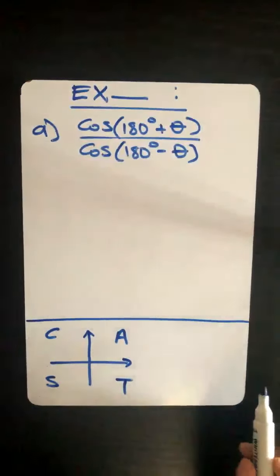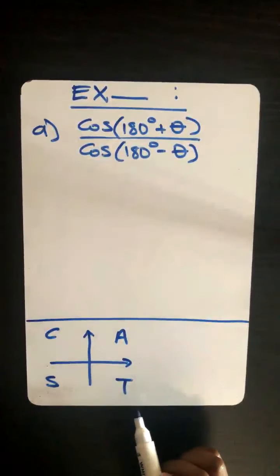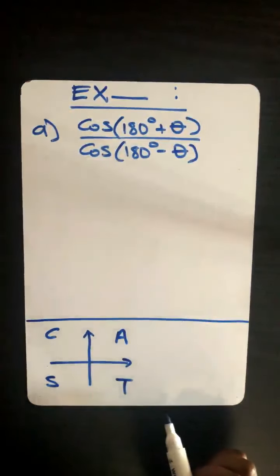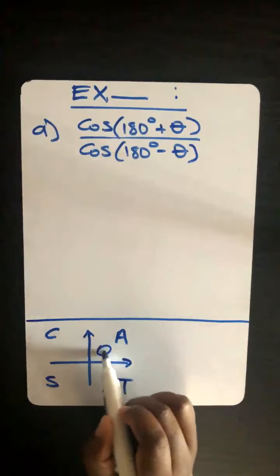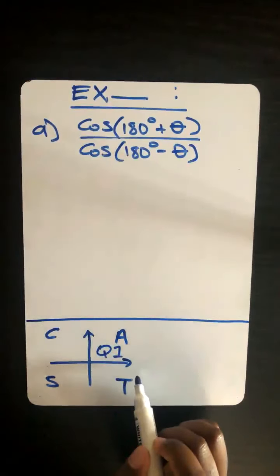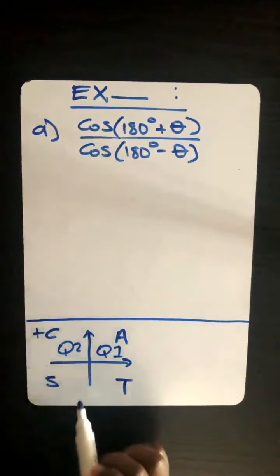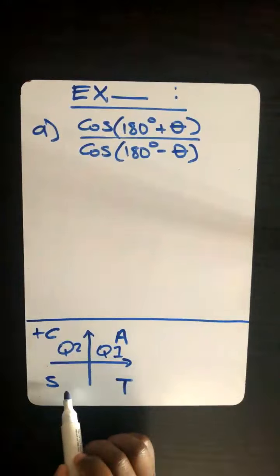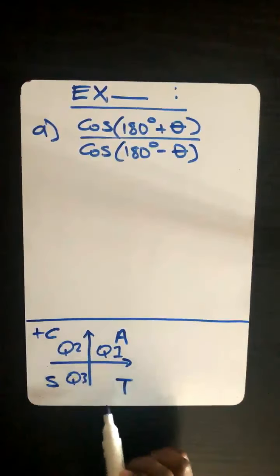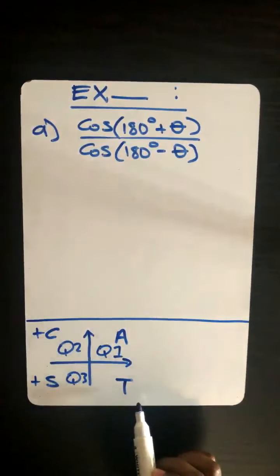So we've got a CAST diagram over there. We know in the first quadrant, Q1, all the trig ratios are positive. In Q2, it's only cos which is positive. In quadrant number 3, it's only sine which is positive.